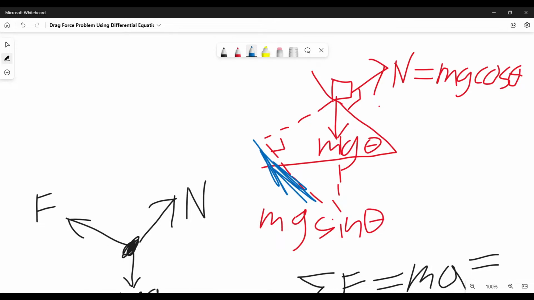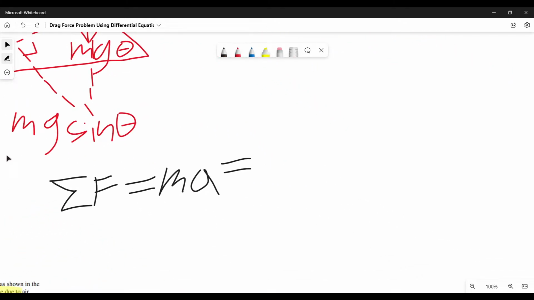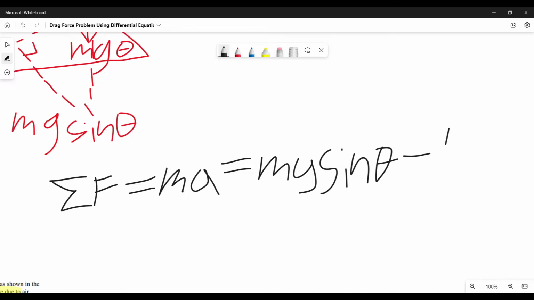So that's this direction right there. All right, so now we have mg sine theta as our x direction, so we can continue with Newton's laws. mg sine theta is our skier's force due to gravity, minus the drag force. So actually, let's just do minus F, and that of course simplifies to mg sine theta minus bv.